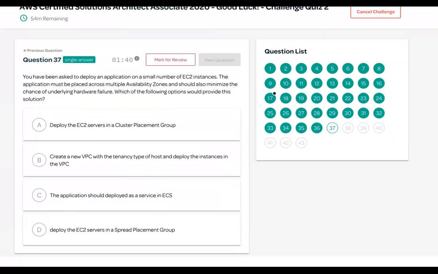That means high availability and fault tolerance. Deploy EC2 in a cluster placement group: a cluster would be in one availability zone, not fault tolerant and highly available. Create a VPC with the tenancy type host: no, the appliance should be deployed as a service. Deploy the EC2 servers in a spread placement group: this is a good option.